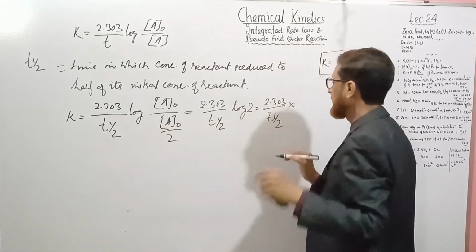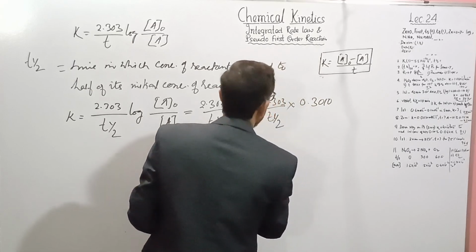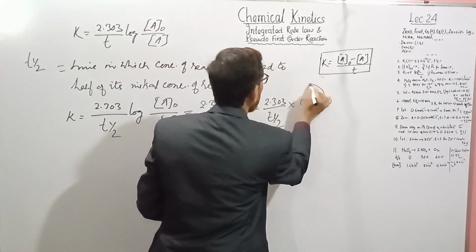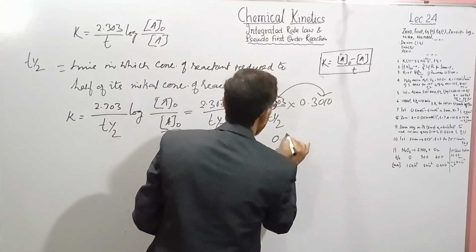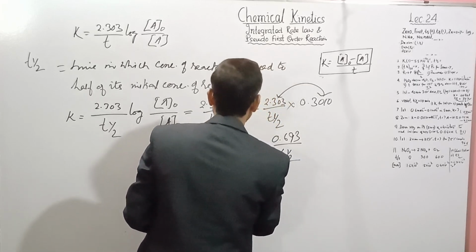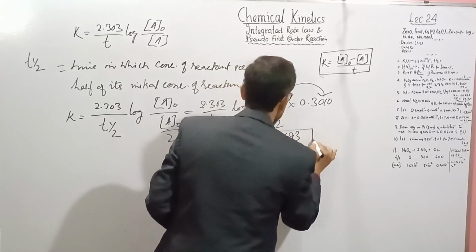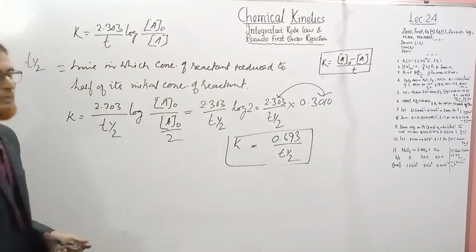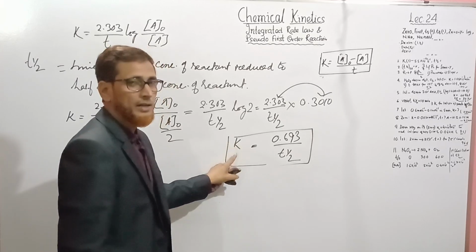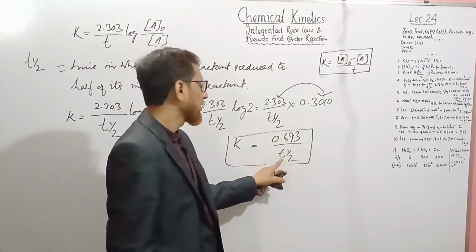And we already wrote at the very beginning that the value of log 2 is equal to 0.3010. You should learn it by heart, and if you multiply these two, you will get 0.693 by T half. This is the expression relating T half and the rate constant k of the first order reaction. So k is equal to 0.693 by T half.